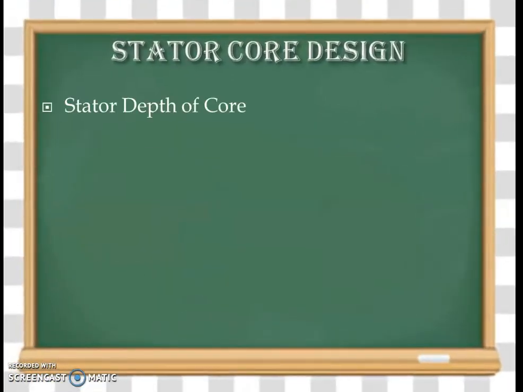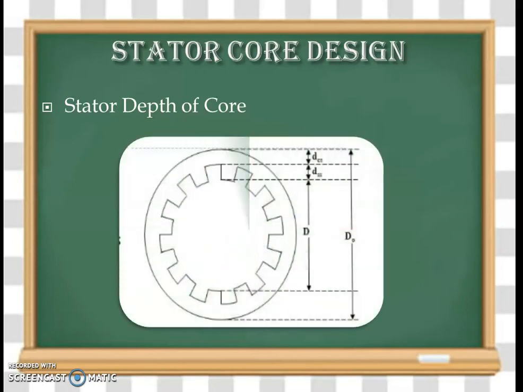Our next phase in stator design is the depth of the stator core. Again, while deciding the depth of the stator core, we have to consider the flux density. 1.3 to 1.5 Weber per meter square is the maximum flux density we normally choose for the core of the stator.